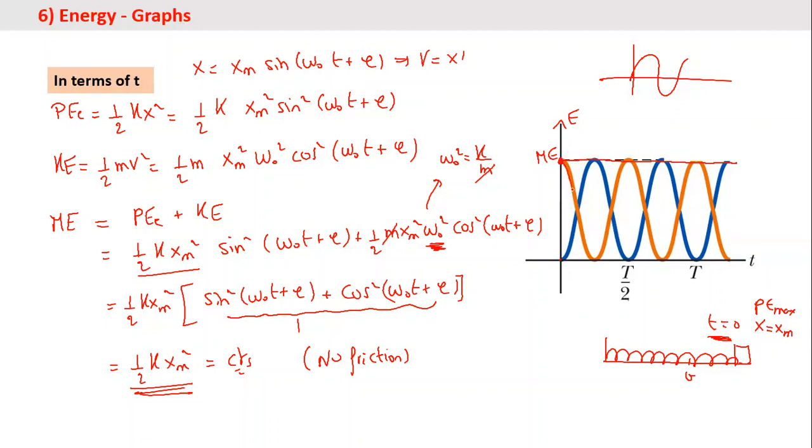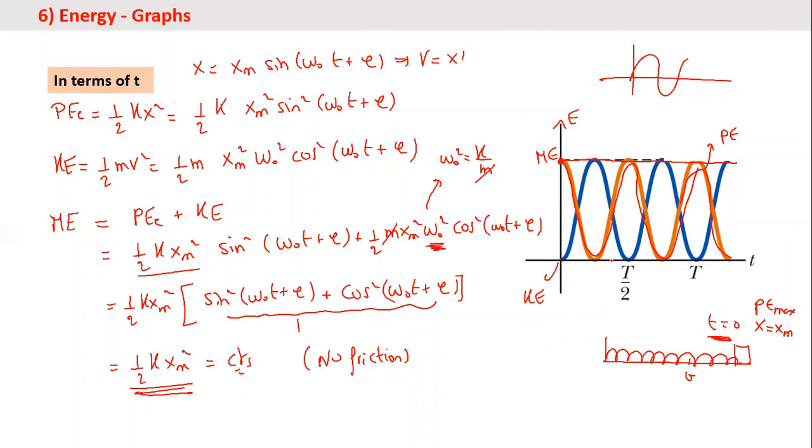So this one represents the potential elastic energy, and the other one will be the kinetic energy. Always, in order to know which one represents the potential elastic and which one the kinetic, I must look at the initial condition. Now here we have a remark.